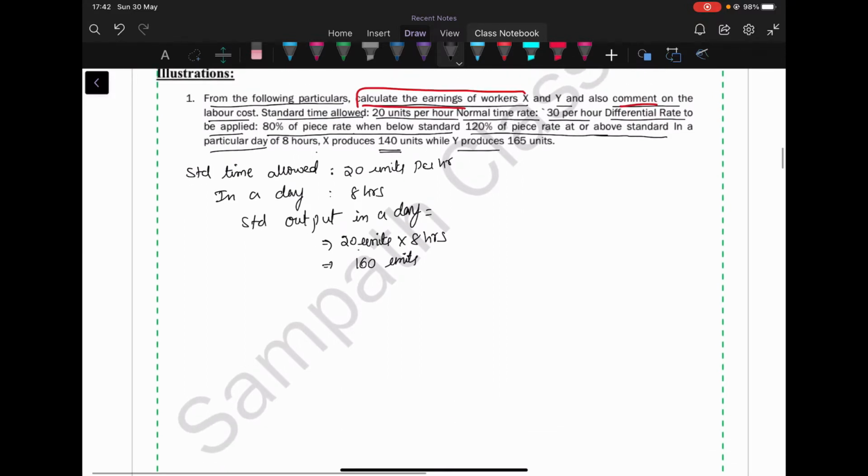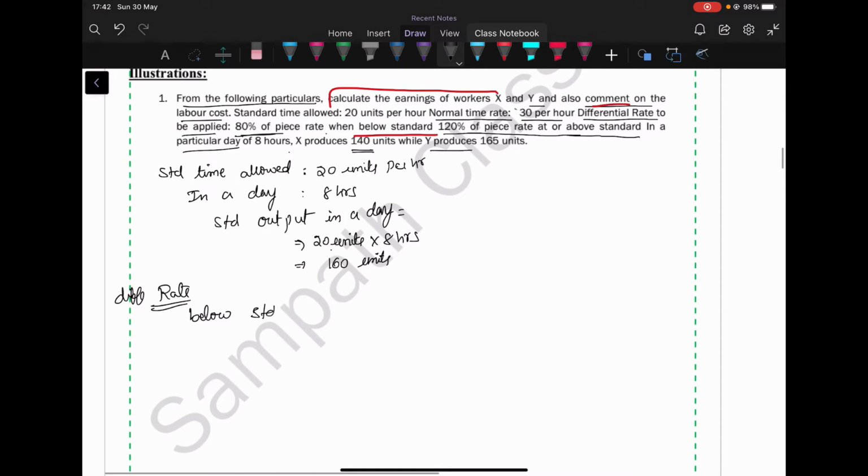Okay. And next, what is it saying? Differential rates: if efficiency is below standard, 80% of piece rate has to be paid.